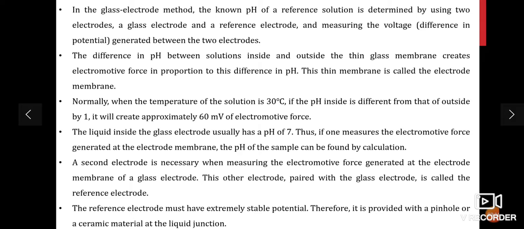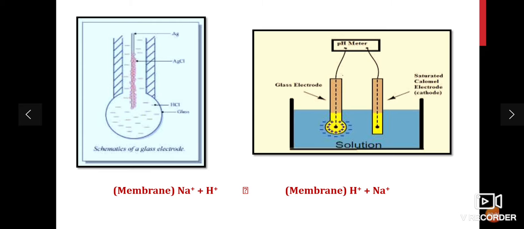A secondary reference electrode is necessary when measuring the EMF generated at the electrode membrane of a glass electrode. This electrode paired with the glass electrode is called a reference electrode. The reference electrode must have a stable potential. Therefore, it is provided with a pinhole or a ceramic material at the liquid junction. You see this.